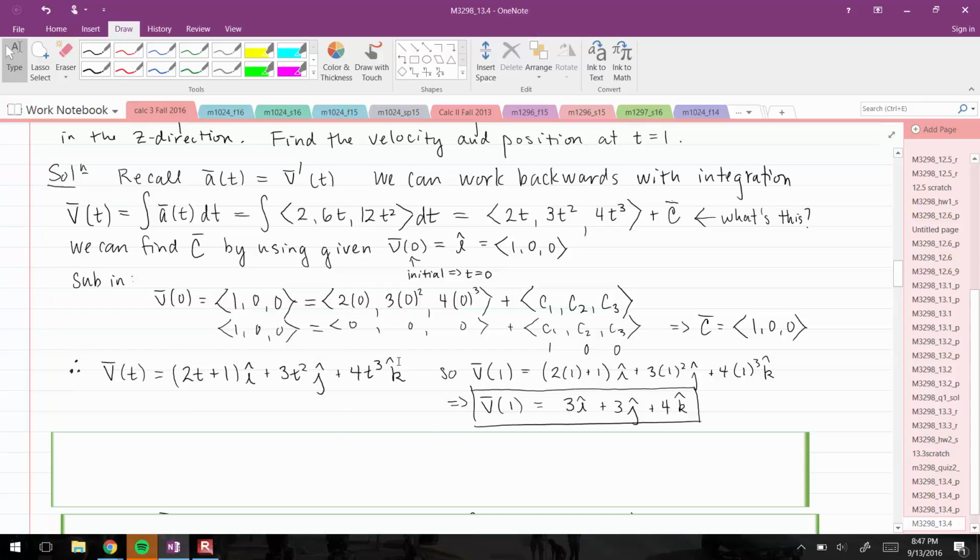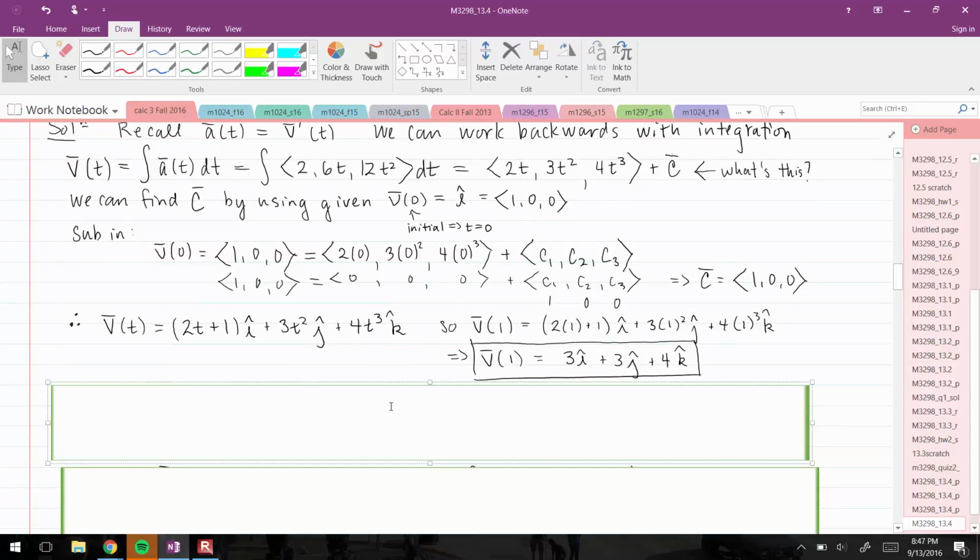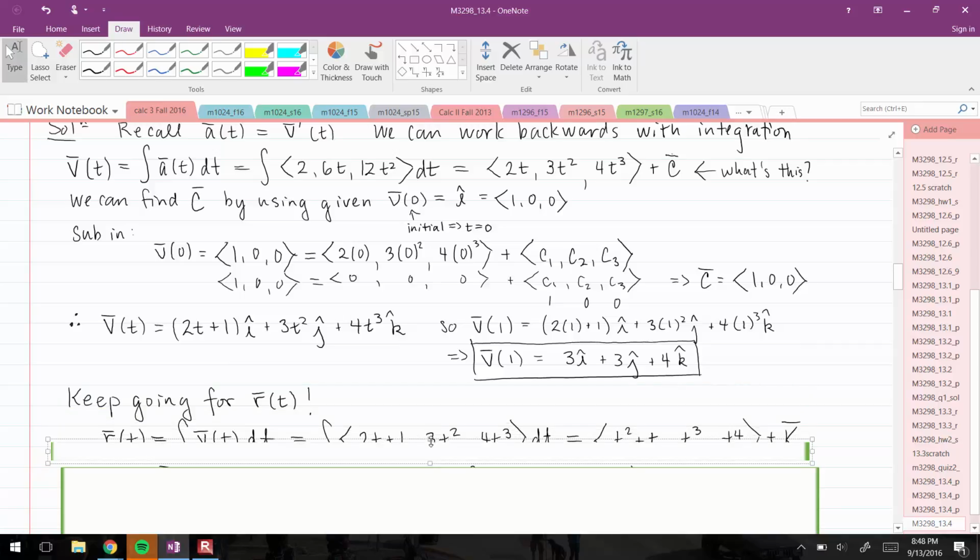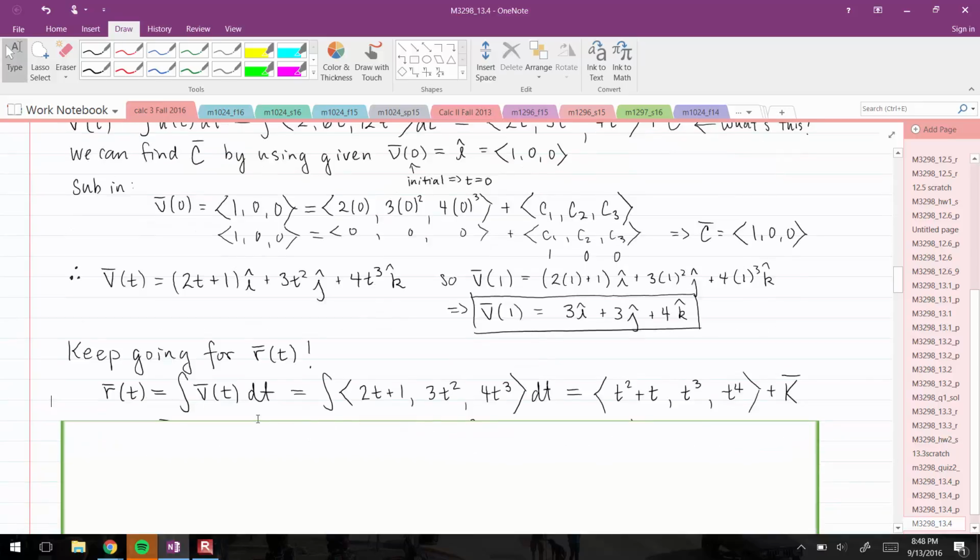Here we have our velocity vector, and to get to position, we're going to integrate. We can do this component by component, and term by term, and we get the following. 2t plus 1 integrates into t squared plus t, 3t squared to t cubed, 4t cubed to t to the fourth, and then plus another constant, which I'm calling K, because it could be different than the c.